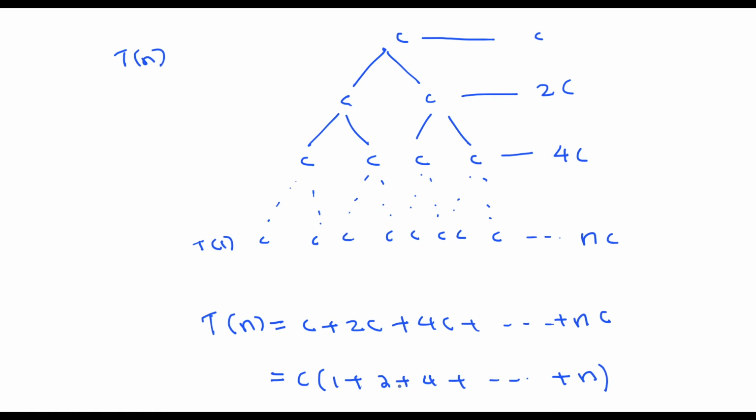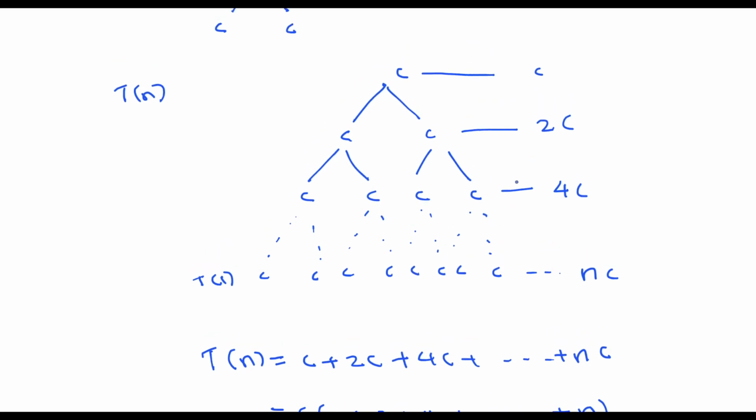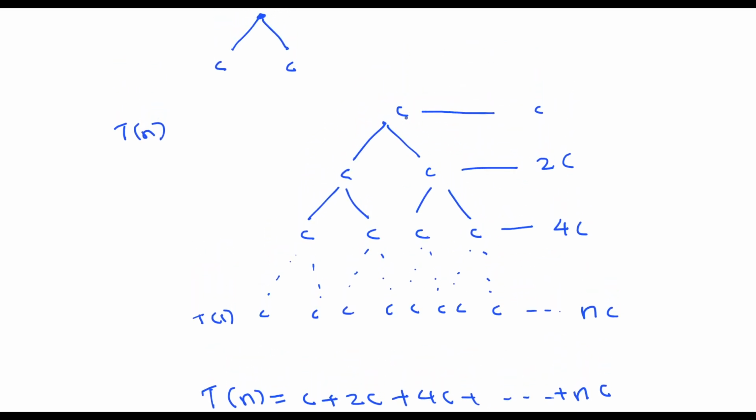Now we have to find how many terms are there in this GP. In order to find the number of terms, you can just look at this particular tree structure. So here the coefficient of c is 1, here it is 2, here it is 4, next we will have 8. At the end we have the coefficient equal to n.